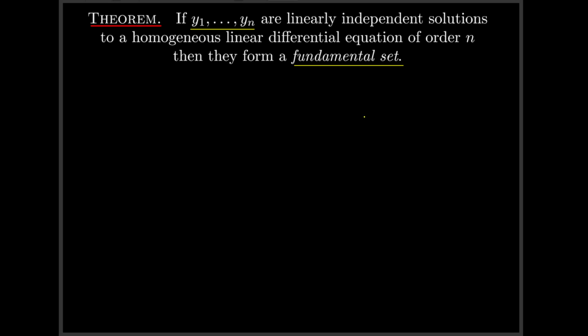So this is kind of analogous to saying that if I give you any two vectors in R2 that point in different directions, that are linearly independent, then in fact they are a fundamental set, which is to say any point can be formed by some linear combination of these vectors. Okay, so that's the main concept here that we want to kind of justify. So we'll get into that.